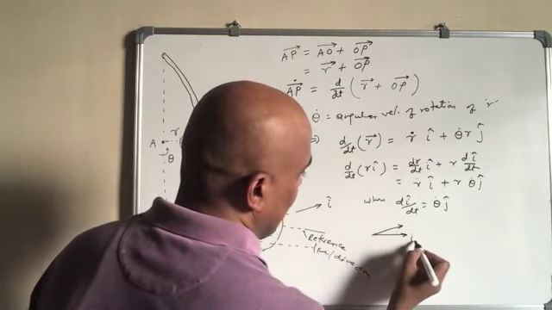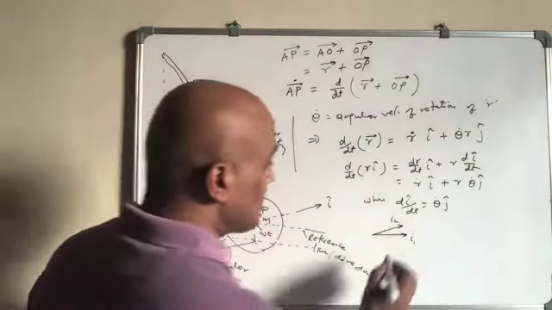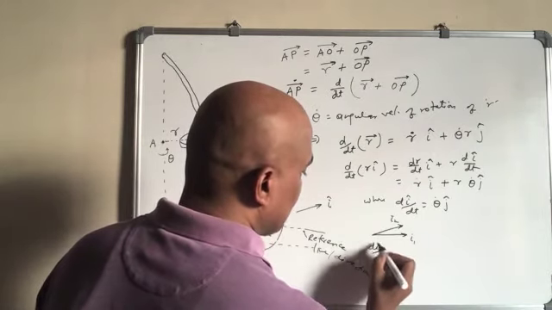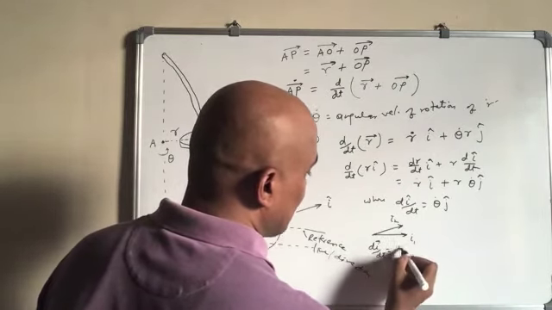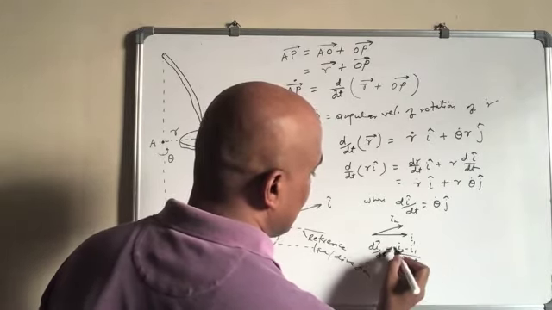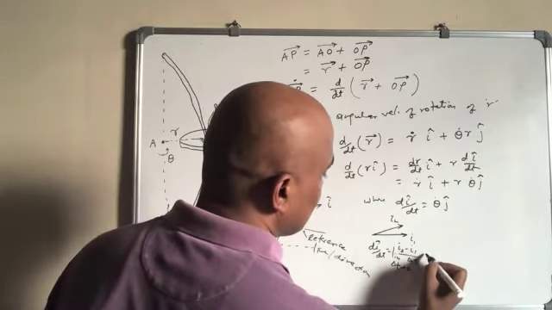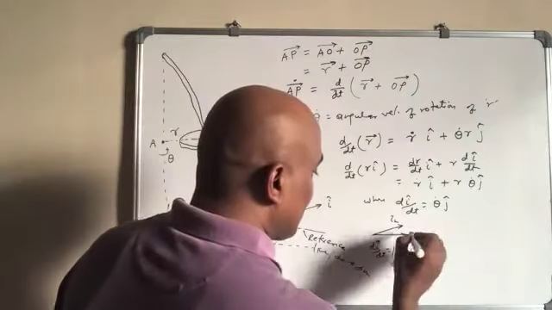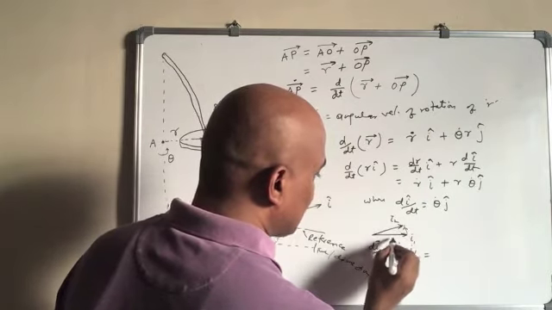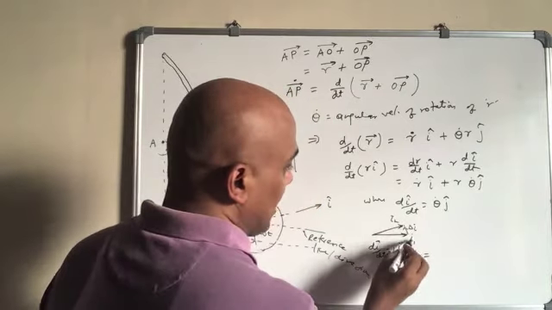I1 is here and I2 is here. Then di over dt will be equal to I2 minus I1 over delta t, in the limit delta t tends to 0. But I2 minus I1 is nothing but this, because I1 plus this delta I, this is the delta I.